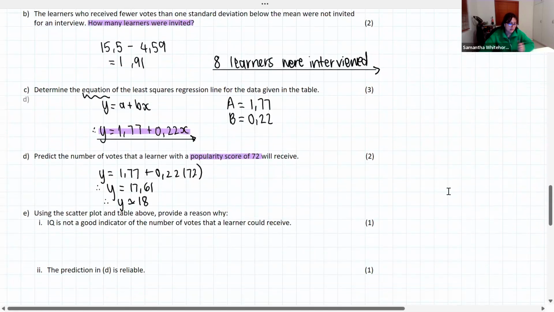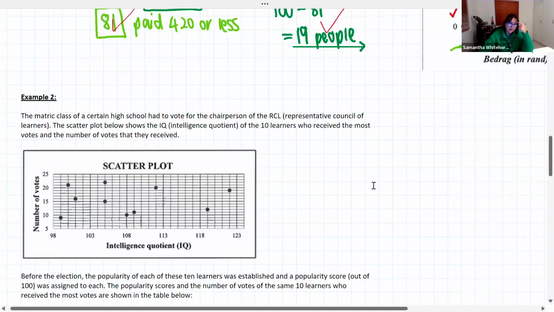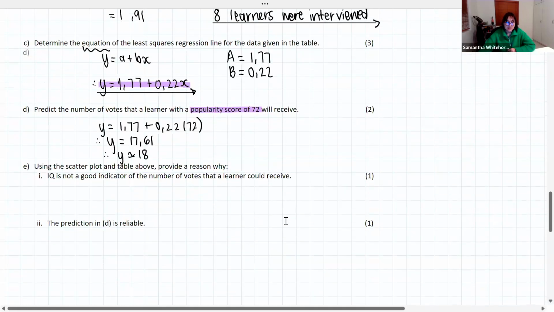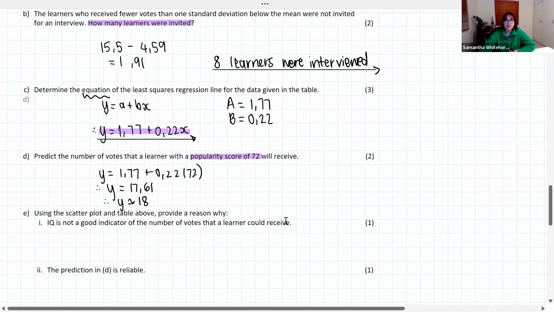Right, E says, using the scatter plot and table above, provide a reason why. In the first one, IQ is not a good indicator of the number of votes that a learner could receive. So if we scroll back up, the scatter plot dealt with the IQ, and I've actually already explained this. Because these points are so scattered, and we can see that there clearly is a very weak correlation, it is not a good indicator of votes received by a student. It doesn't allow for an accurate prediction.